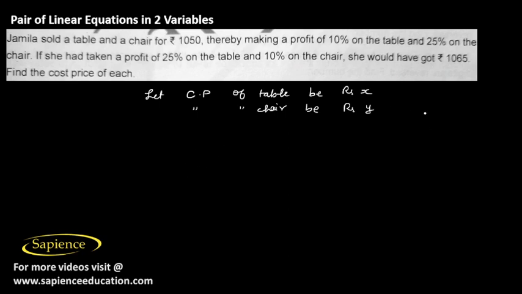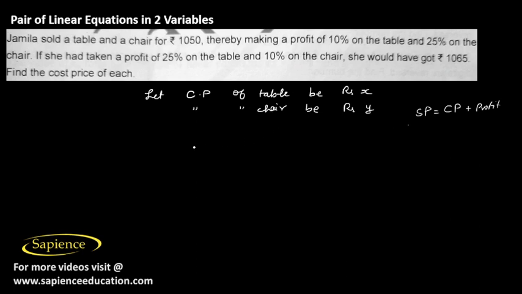What is the formula for selling price? Selling price is equal to cost price plus profit. So she is selling the table at a 10% profit.